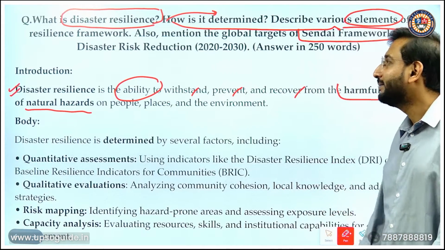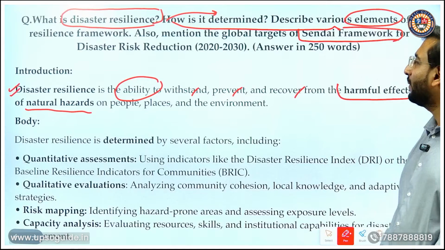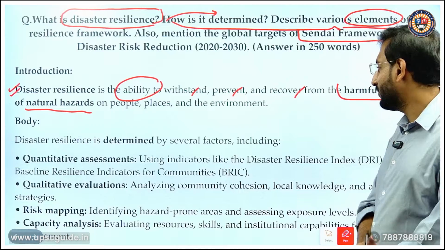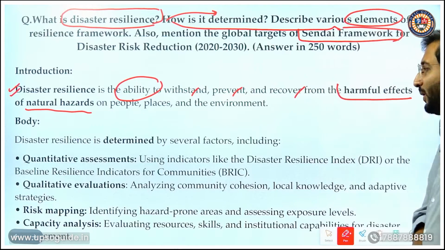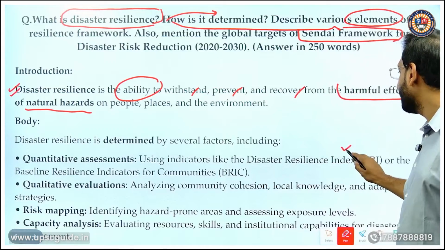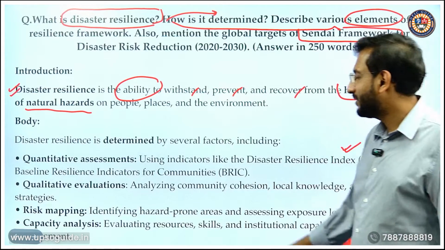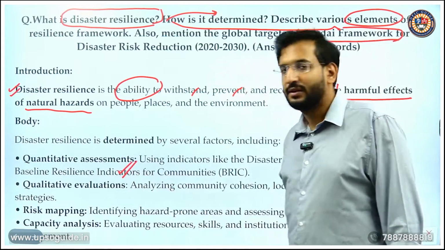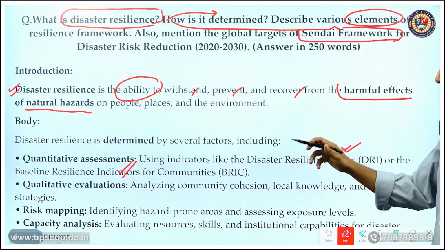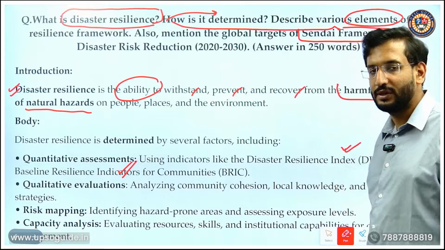Okay, and if you move to the body part now, how is it supposed to be determined? So dividing into four factors, first is the quantitative assessment carried through indicators like the disaster resilience index or baseline resilience indicators for the communities.